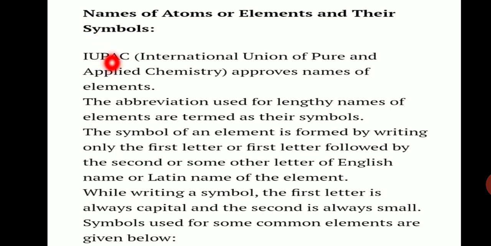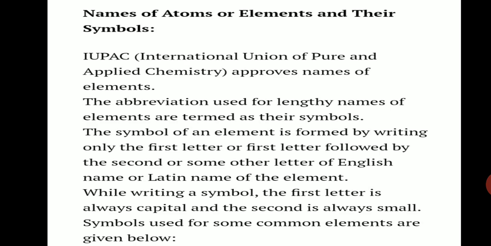Then an agency, IUPAC. What is IUPAC? International Union of Pure and Applied Chemistry. It's an organization, the guiding body. They are approving the symbols of the elements, and they are the agency which accepts these symbols.